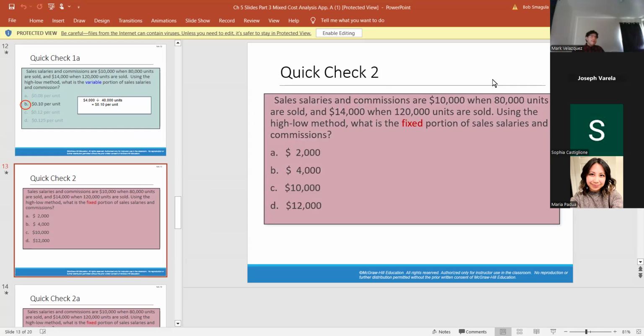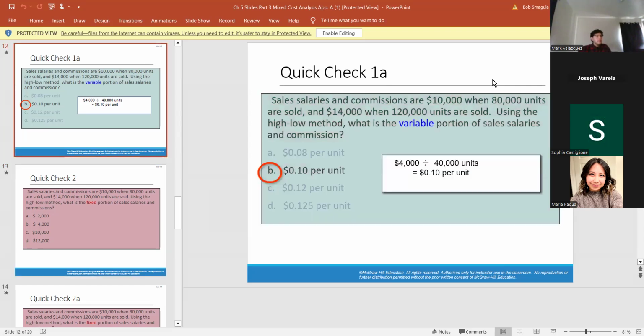Does anybody want to try this one? Anybody want to take a shot at this and tell me what the answer is? You're asking for the fixed cost? Well, we just figured out the variable is 0.10 per unit.